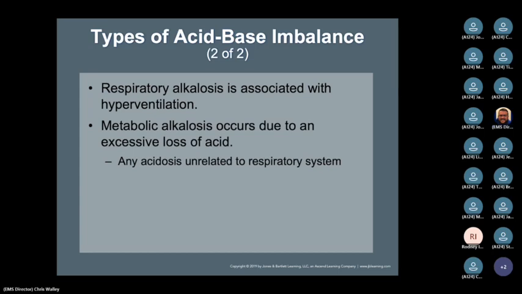Sorry. So respiratory alkalosis is associated with those conditions that result in hyperventilation. The level of circulating carbonic acid is reduced. Hyperventilation accompanied by some carpopedal spasms is the classic sign of respiratory alkalosis.